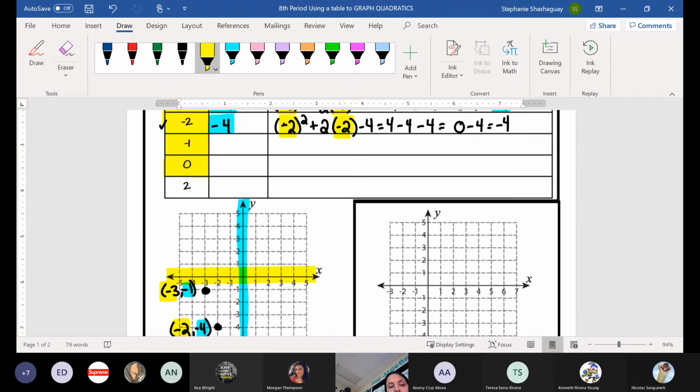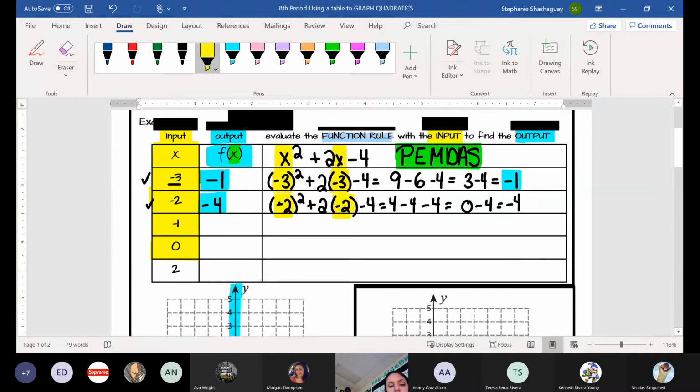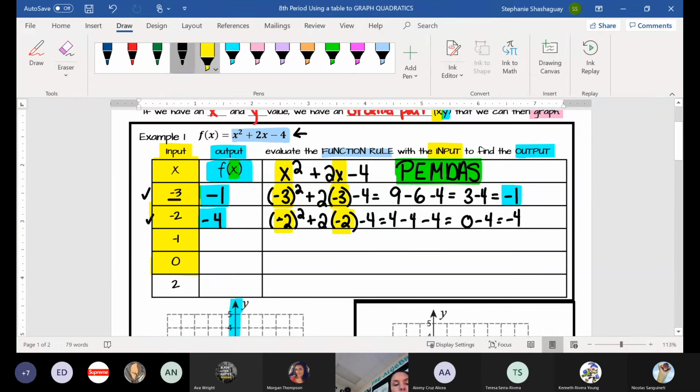Okay, now that those 2 points are labeled, I'm going to continue with finding my y values so that I can graph the other points.